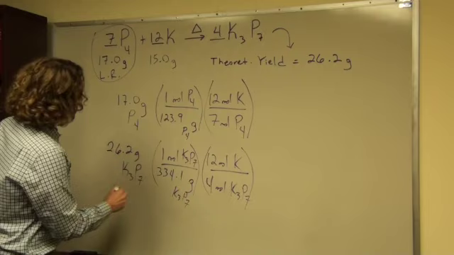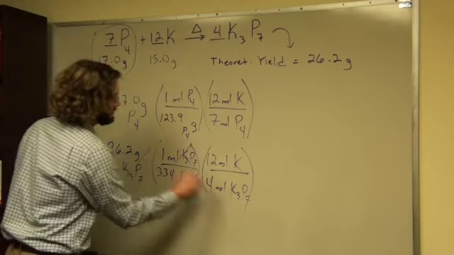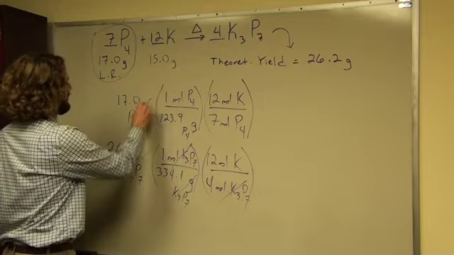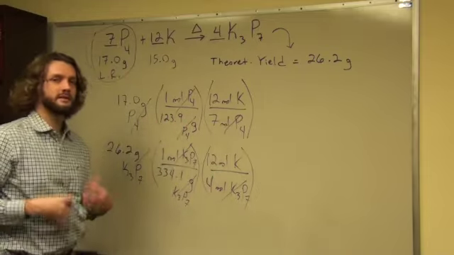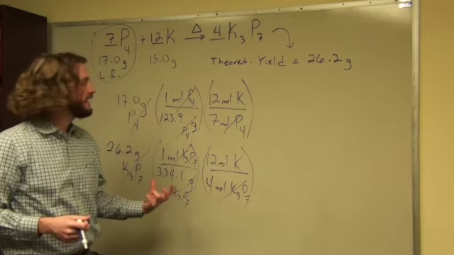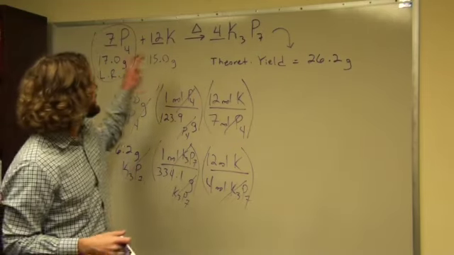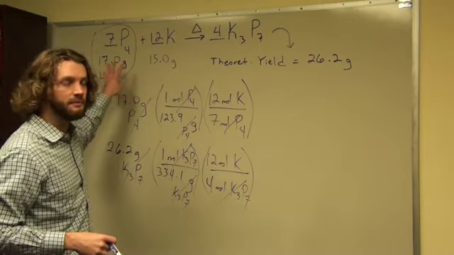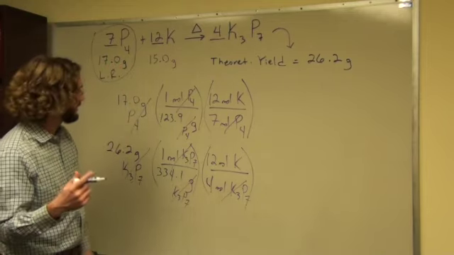So if we think about canceling units, that gets us to moles of potassium. But we don't want to stop there, because the idea is to figure out how many grams of excess we added in this reaction, okay? So let's figure out the stoichiometric amount that'll be exactly used up along with the limiting reactant, and then I'll show you how we can calculate that excess, which is just one easy step.